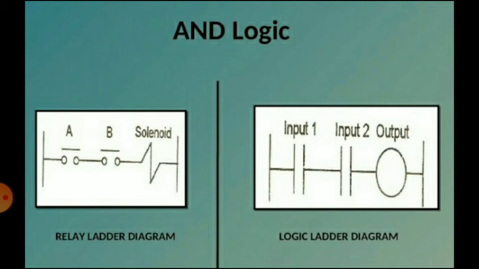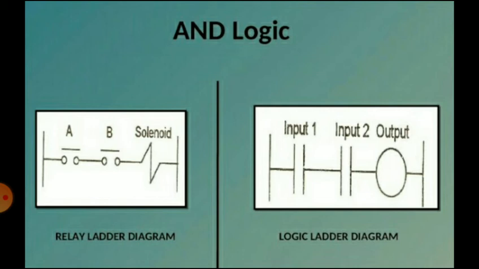Logic is the ability of a PLC to make decisions when more than one factor must be taken into account before a device is operated. For example, the drilling operation can be started only if the job is clamped properly and the safety guard is positioned properly.